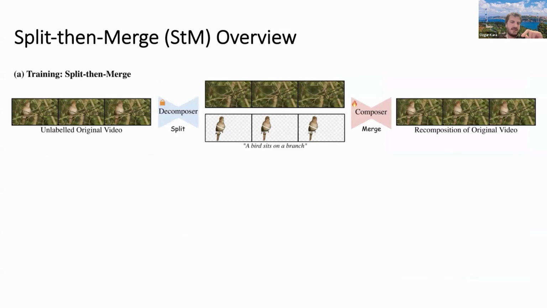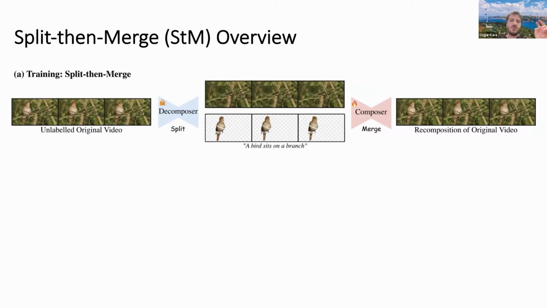So to solve these problems, we propose Split and Merge. The concept is elegant in its simplicity, I could say. It has two phases that I would like to go over. In the training phase, we take an unlabeled original video, where it's just a natural video that you can find from datasets or even collect.